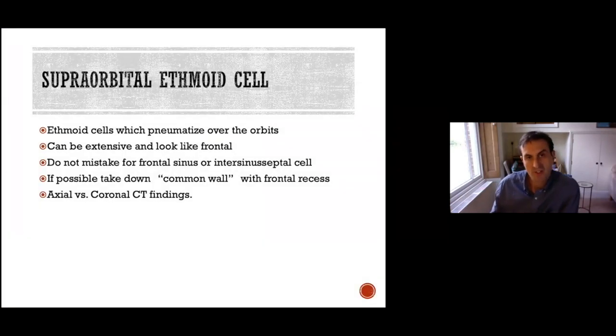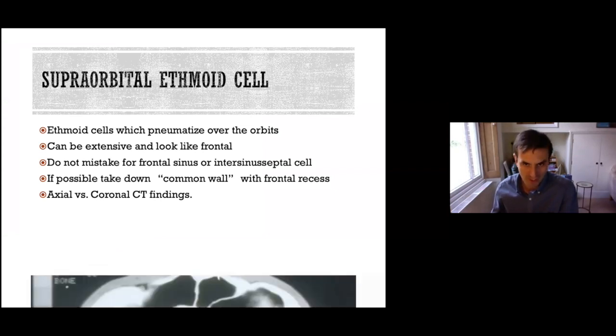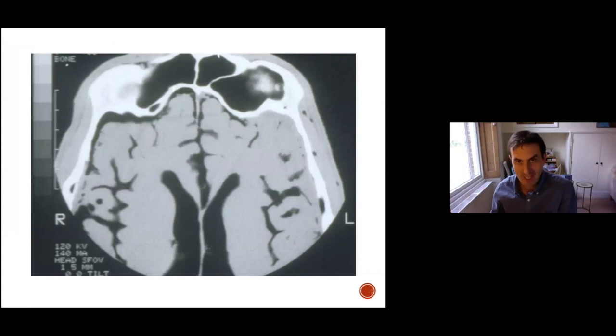So the next thing to consider is the supraorbital ethmoid cell. And when I'm talking to trainees about recognizing things on scan, it's a case of say what you see. A supraorbital ethmoid cell does what it says on the tin. It's a cell that extends over the orbit from the ethmoids. And they can be commonly mistaken for the frontal sinus, particularly in some cases. As this example shows, they can actually be bigger than the frontal sinus themselves. So here we've got the left frontal sinus, and here we've got a supraorbital ethmoid cell.